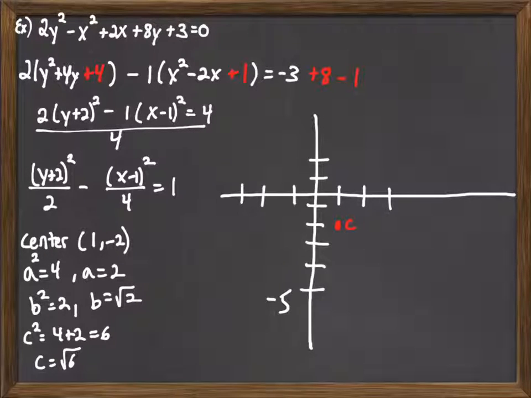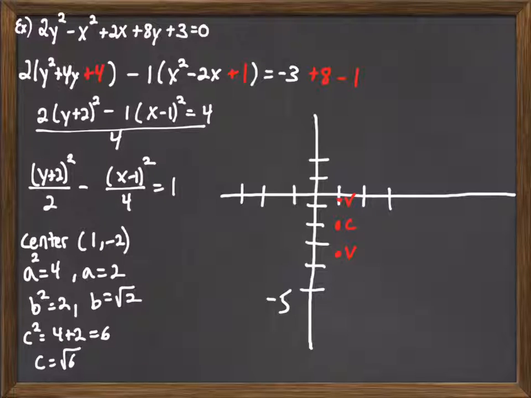It'll be 1. Now my first vertices, underneath the y's there we have a 2, so b was equal to square root of 2. So the vertical is up and down, square root of 2 units. Square root of 2 is about 1.4. So when I graph those vertices, I'm going to go about 1.5 units above and below the center.